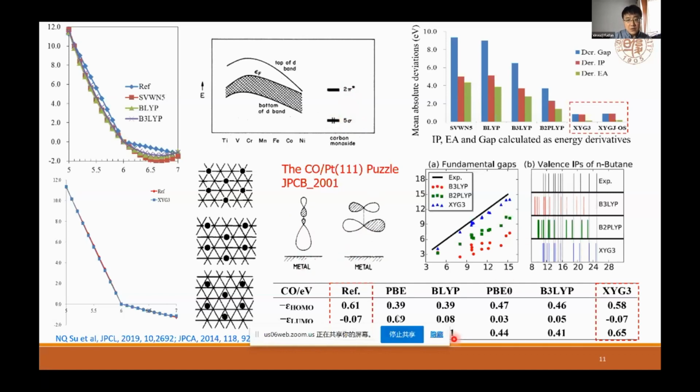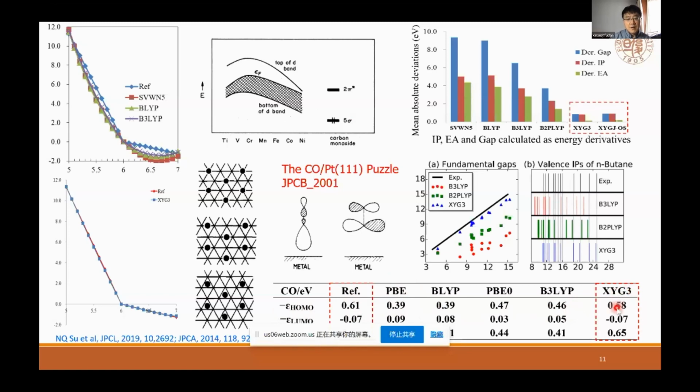adsorption site. And here are the numbers for the HOMO and LUMO orbitals from PBE, and you can compare these numbers to the reference. And of course, for B3LYP, it's getting improved, but the improvement is not significant enough.